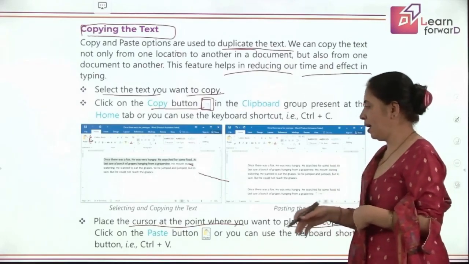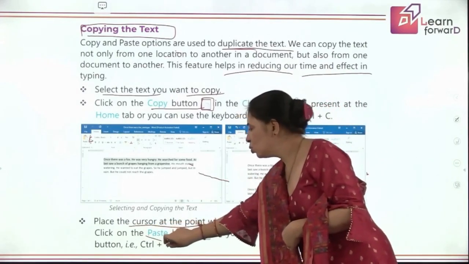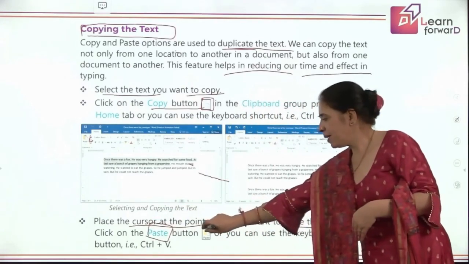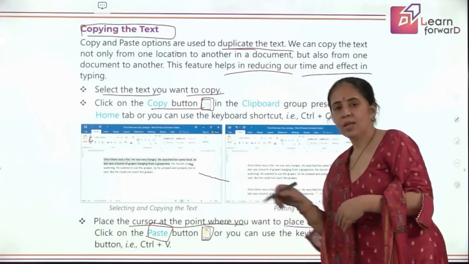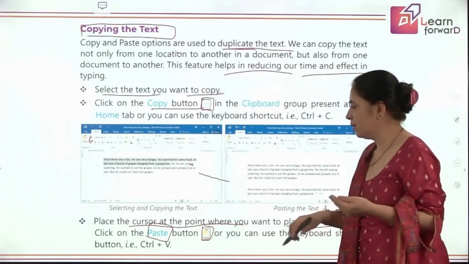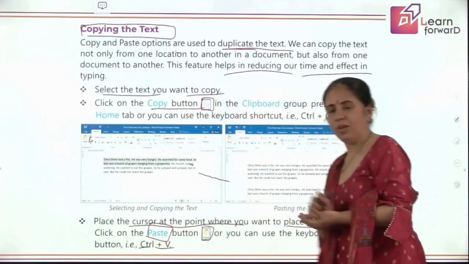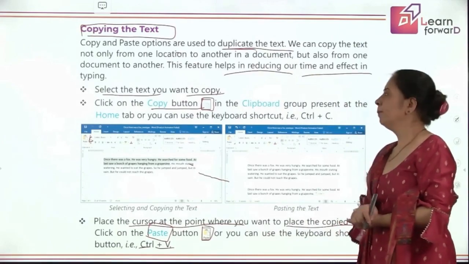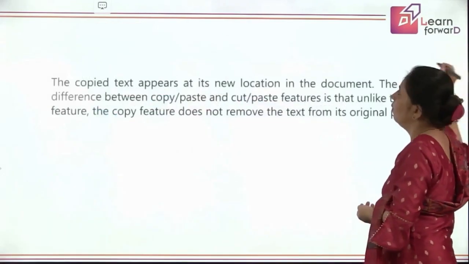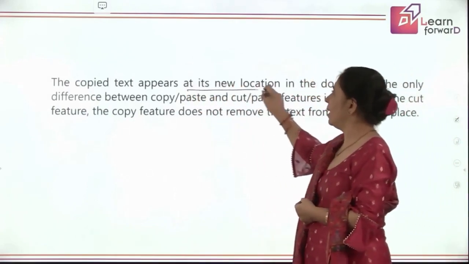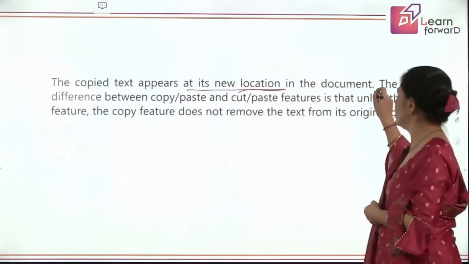Okay, and after that you need to press the paste button. So this is the paste button, children. Again, it has a shortcut and the shortcut is Control plus V. Understood?